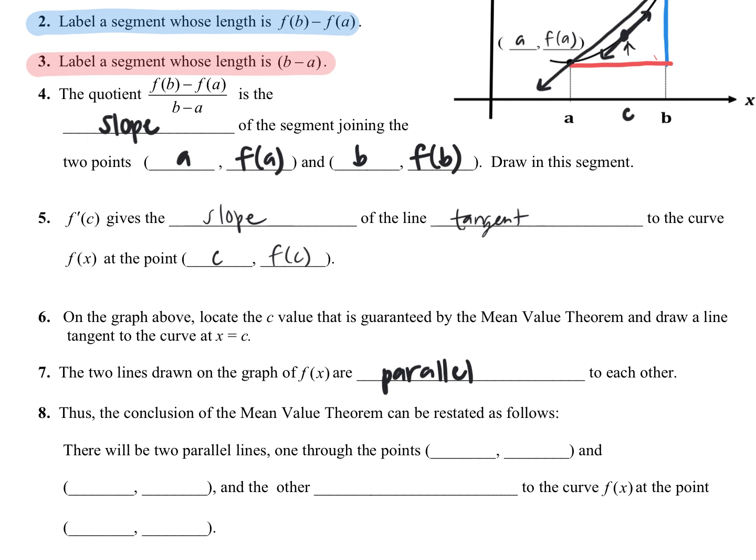Okay, so therefore, using our mean value theorem, there are two parallel lines through the points. First A, f of A, and B, f of B. And then the other tangent to the curve f of x at the point C, f of C. So if it is a continuous and differentiable function, there must exist a point C in between those two points A and B on your interval where the tangent is parallel to your average rate of change.